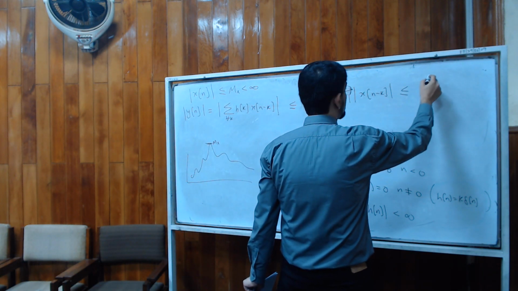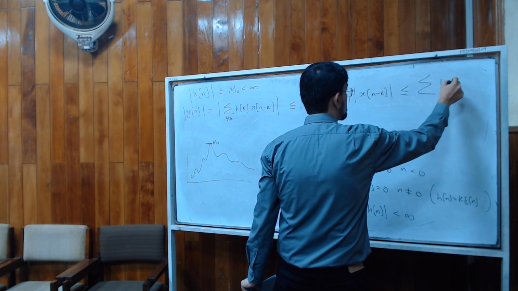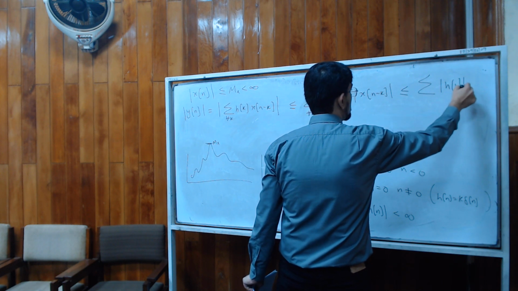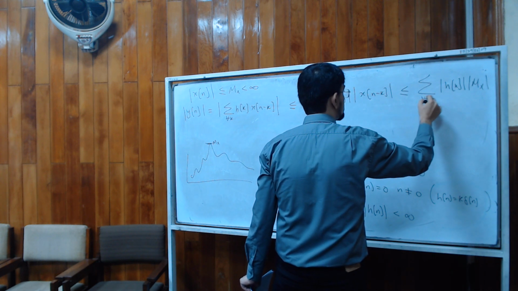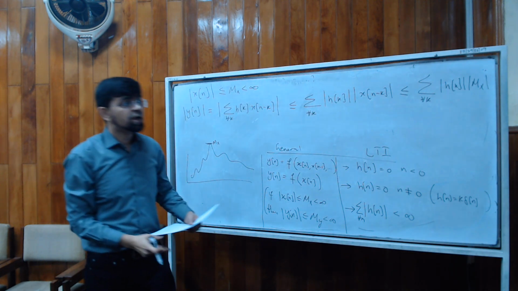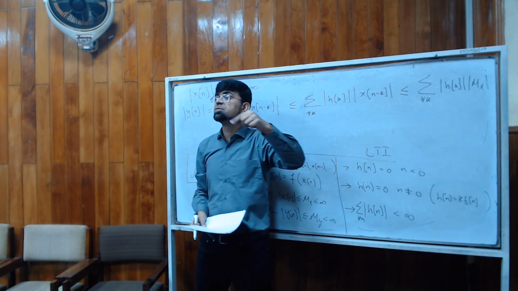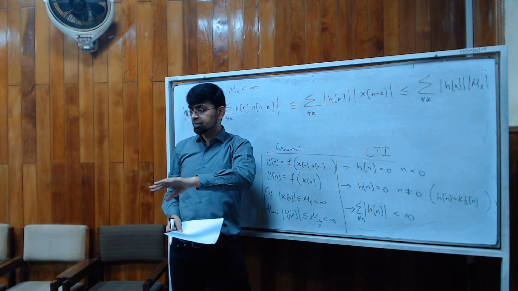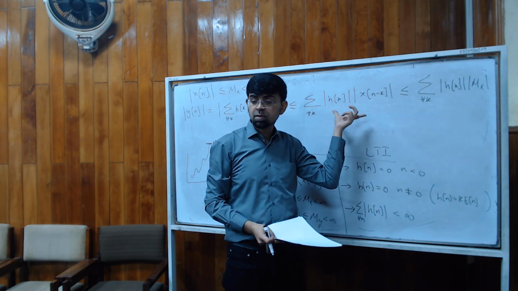Then whatever you get will definitely be greater or equal to this term, because you have replaced all the values of x by the maximum possible value of x. So you get something that is greater or equal to this thing.